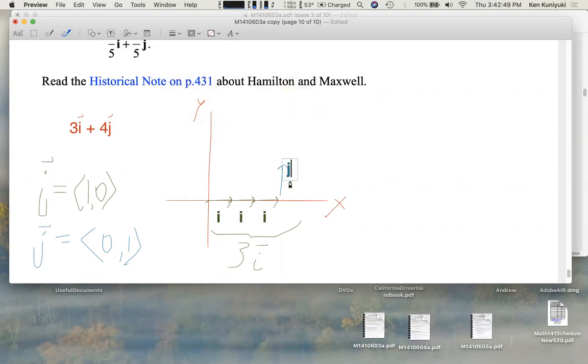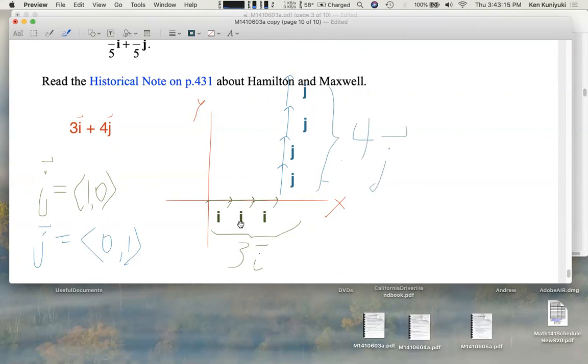Here's the vector j, 0, 1. Let's do 4 more copies. Another j. Another j. Another j. So j plus j plus j plus j, that's 4 times j. That's 4j. This whole thing here is going to be 4j.